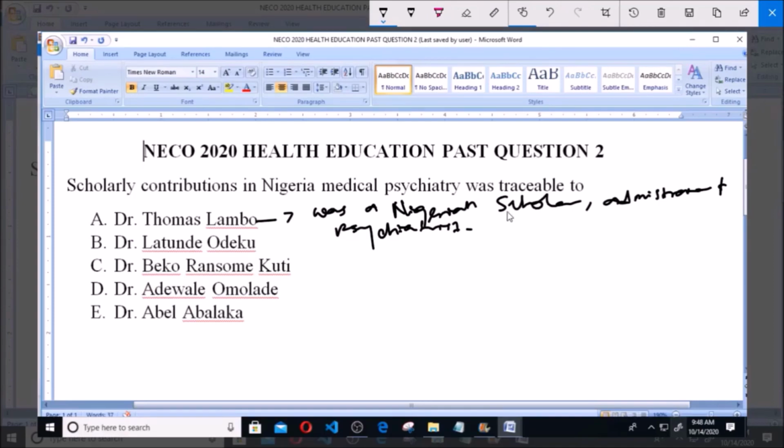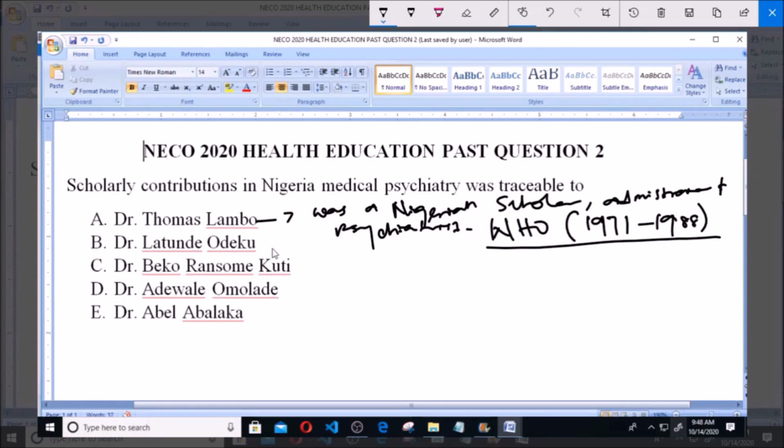That is, he is credited to be the first Western trained psychiatrist in the whole of Africa and in Nigeria that contributed immensely in Nigerian medical psychiatry. He worked at the WHO in the period of 1971 to 1988. So he is known to contribute immensely in Nigerian medical psychiatry, because he is the first known Western psychiatrist in Nigeria and Africa.